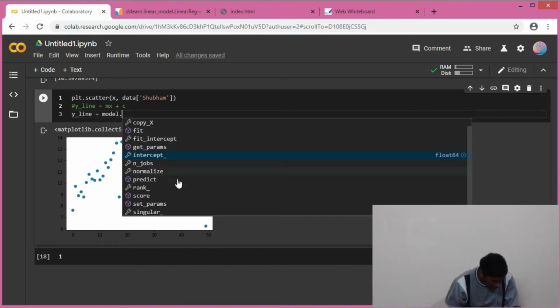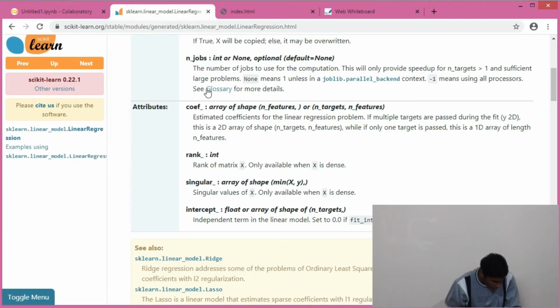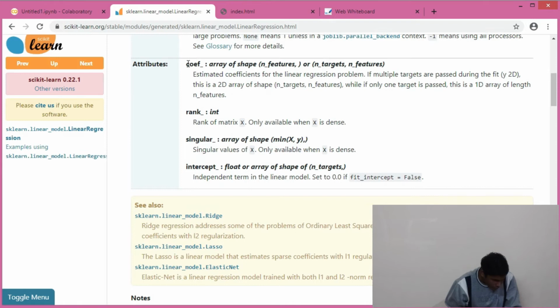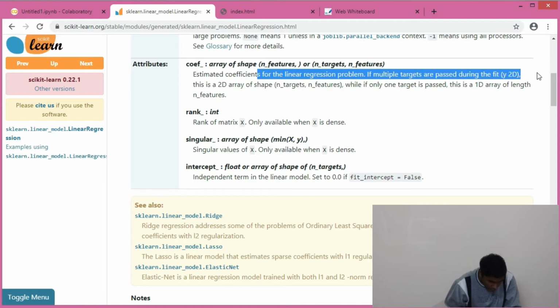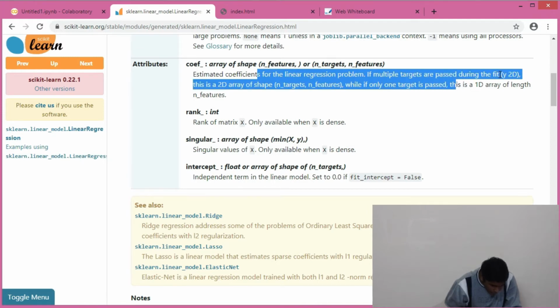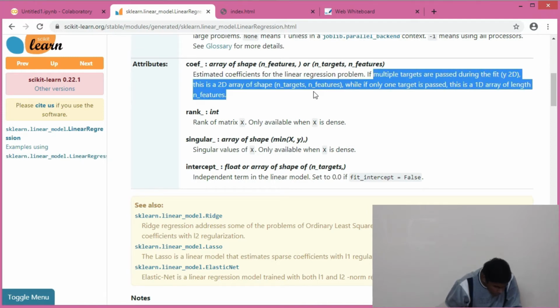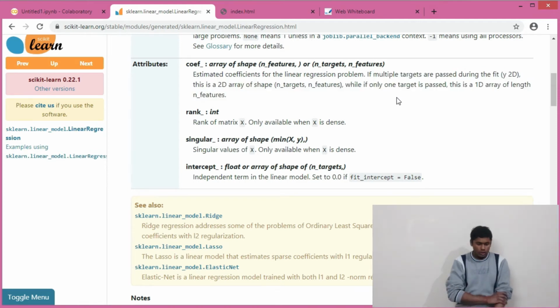Well, there are many different things, but I want you to learn from right here. It's coefficient. What is coefficient? Well, it is exactly the coefficient that we are looking for, right? It is to fit in the y. So this coefficient is actually our m, or the slope that we are looking for.